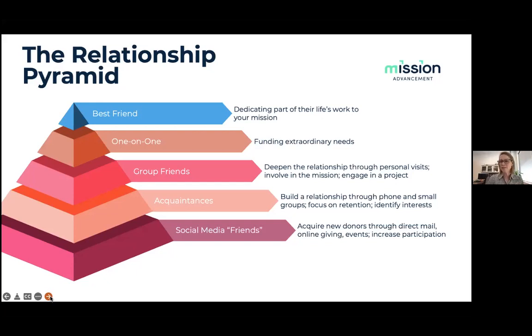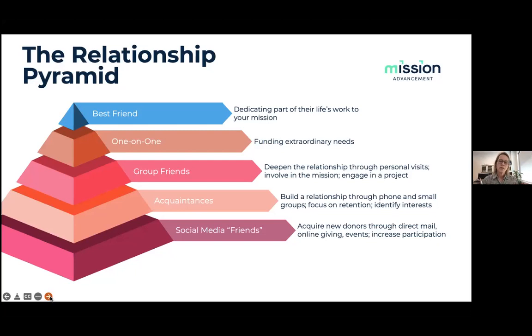So back to the event conversation, if the goal of an event is to meet new people, then it stands to reason that we want a strategy that takes them from that bottom piece of our pyramid up to the next level or 2 or 3 eventually. And the only way we do that is through more personal engagement with them.